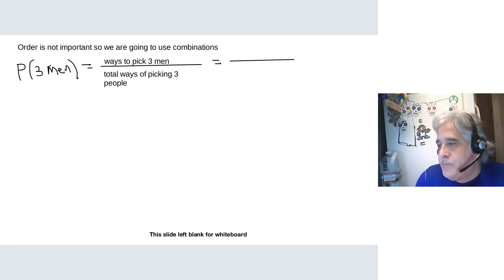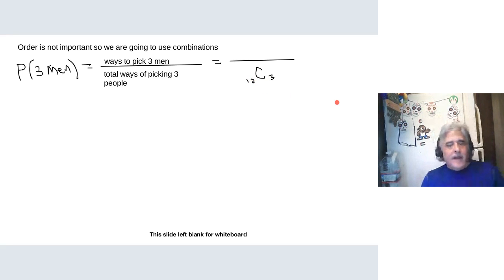All right, so remember, we're doing combinations. And we're picking 3, from a group of 12. So that's the total number of ways we can pick 3. Because we could go in there and pick 3 women. That's certainly possible, but that's a way that we've got to count if we're going to do the probability right.